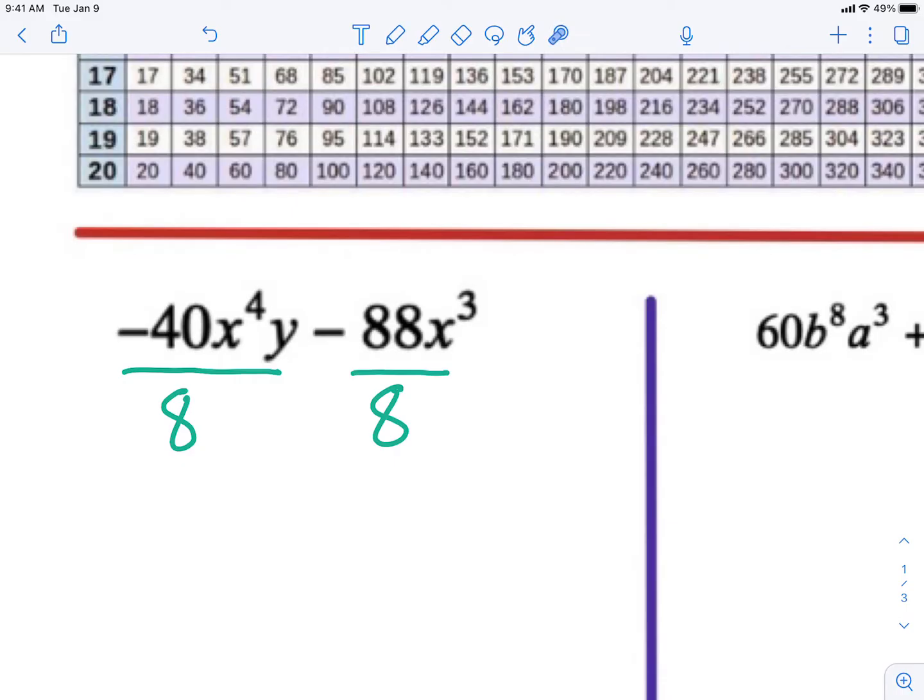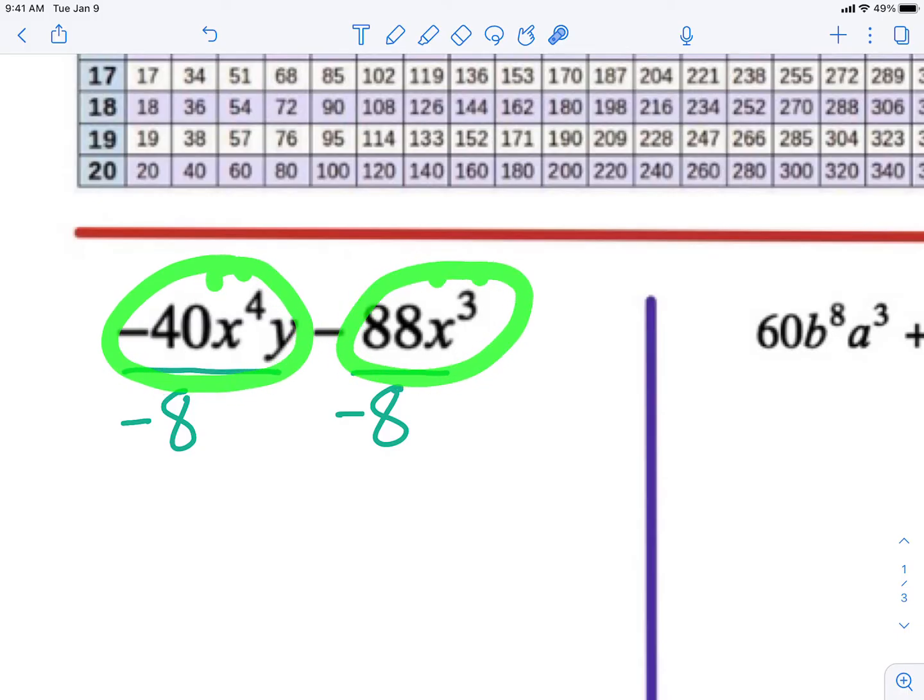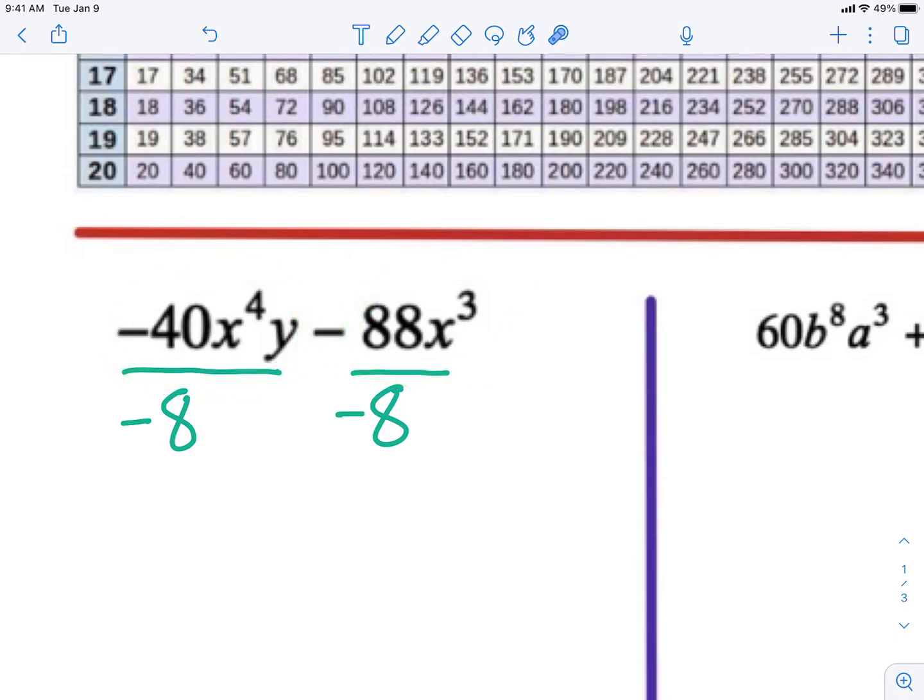Now, I also want to take out this negative here, this negative and negative, so I'm going to divide both by -8. Now, if you notice, this is one term and this is a second term. They both have x's, x to the fourth and x to the third. Well, what's the most that I can take out of both terms?